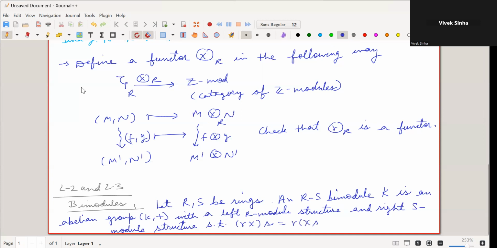That is, you first multiply from the right by the element of S, and then you multiply with the element of the ring R. Okay, so that is for all x belongs to K, r belongs to R, and s belongs to S. Sorry, this is K, not X.